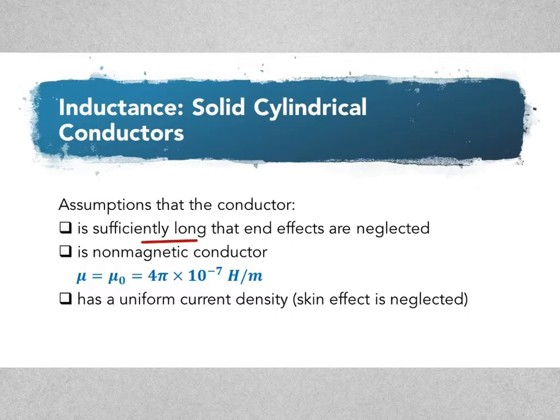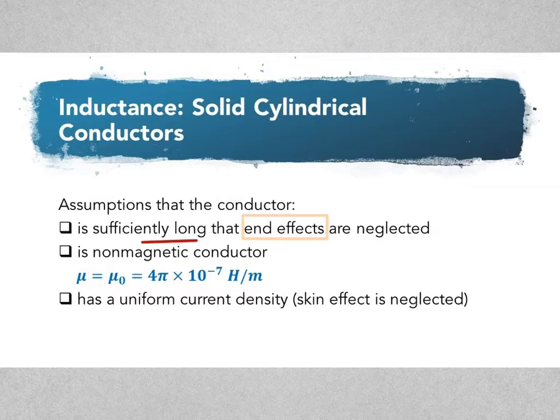One assumption is that the conductor is assumed to be sufficiently long, as if we cannot see the end, such that the effect of the magnetic field at the end is negligible, so that also in the end the effect of that end is no longer included in the calculation.